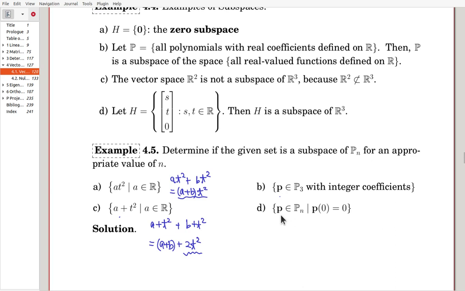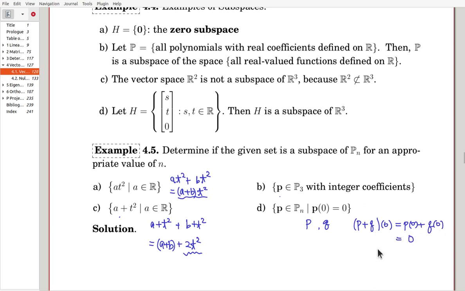Now, for this one, we are collecting polynomials such that at 0, the value is 0. If you choose two polynomials, p and q, from the set, then for the addition p plus q, we try to evaluate at 0, there will be p(0) plus q(0), this is 0, this is 0, so it is 0.